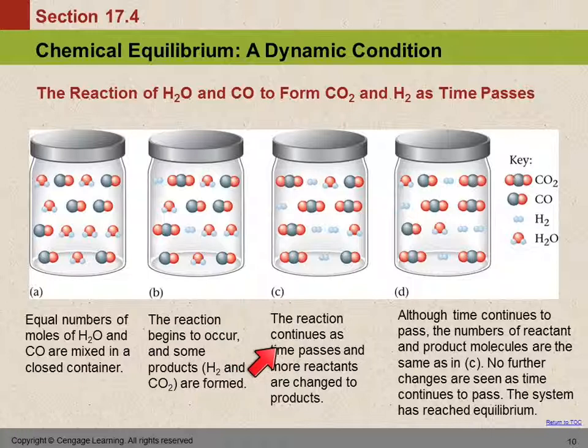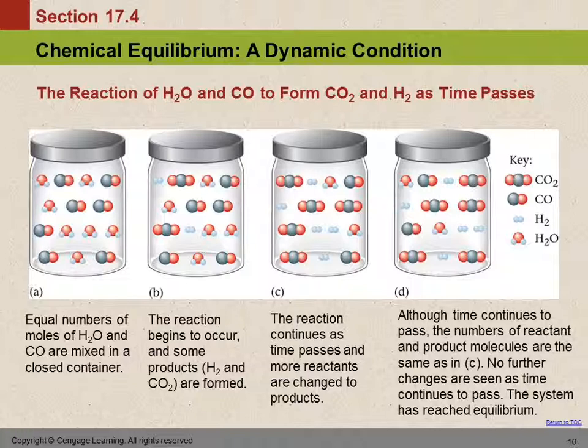As that continues, more reactants are changed to products. But we get to a point where, even though time continues to pass, the numbers of reactant and product molecules are the same as they were before. So if we measured the concentrations of all these things, they're not changing anymore.